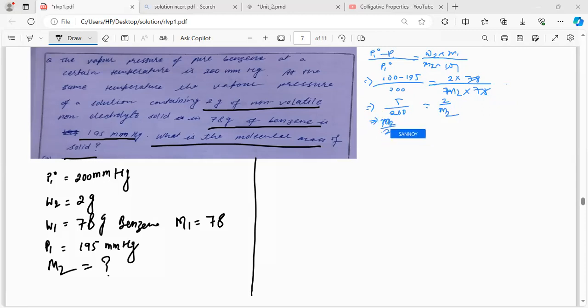Molar mass is always capital M. How much is coming? 80 u. 80 u is correct. This is 100% correct. So you understood this problem, right?